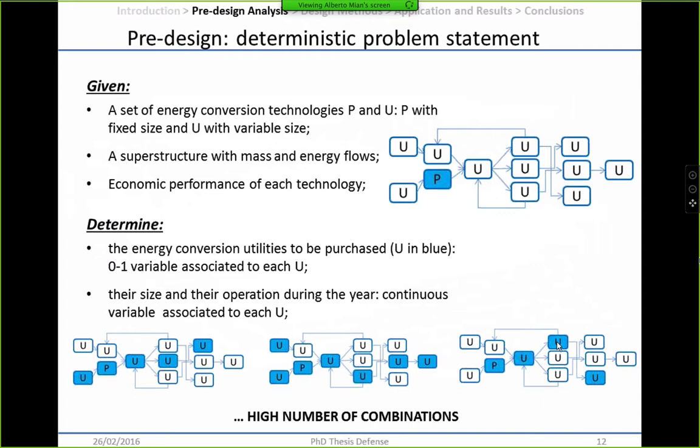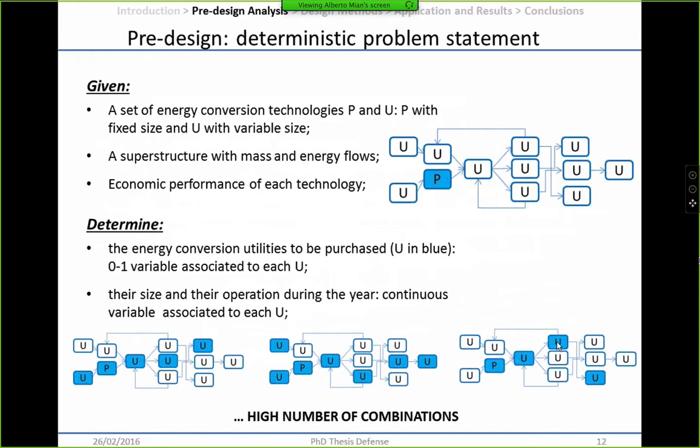These units have some performance parameters and some economic performance parameters. And so given this, every unit is not that it exists, but our goal is to see which units have to be activated in this chain.